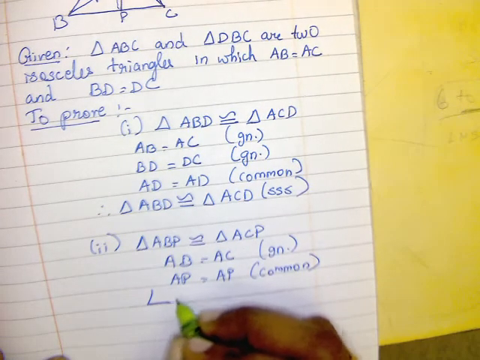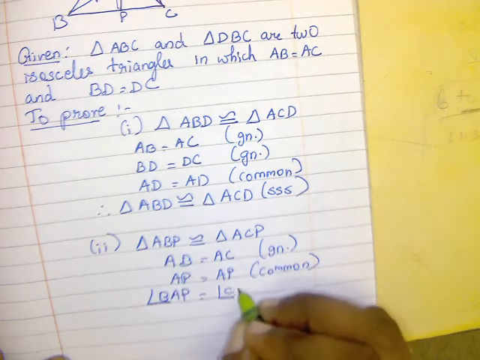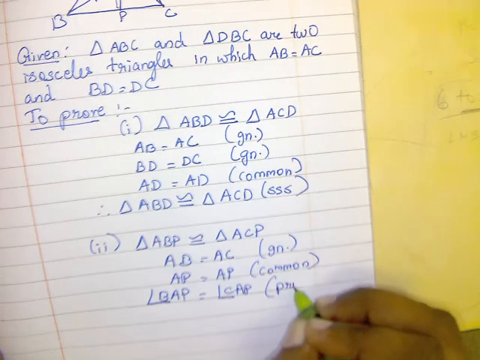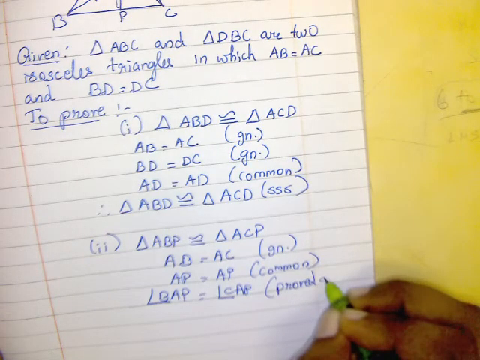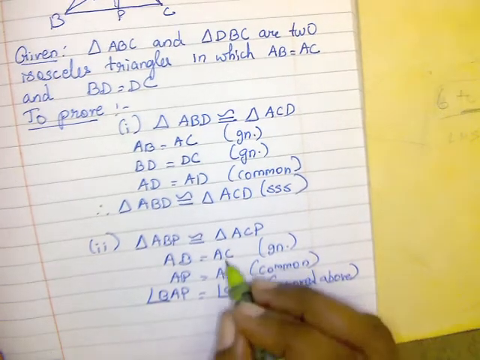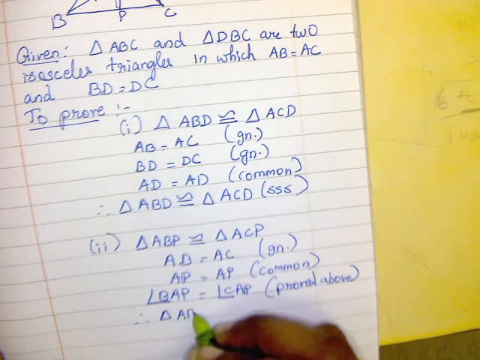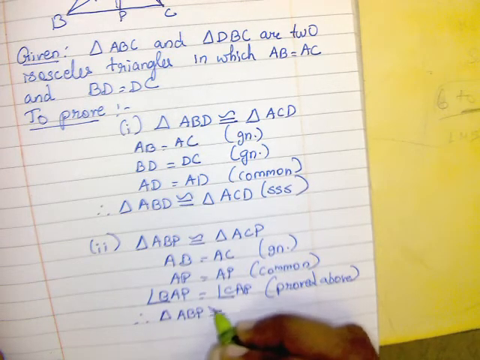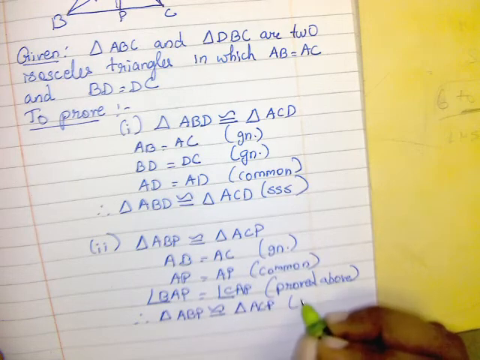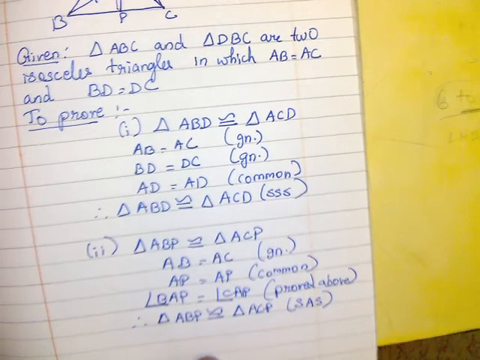Angle BAP is equal to angle CAP. Okay, right? This was already proved above. This all I already taught, just I am repeating to you people. So, what is that? SAS. Therefore, you can say triangle ABP is congruent to triangle ACP. What rule? SAS rule. So, by the SAS rule we proved the second one.